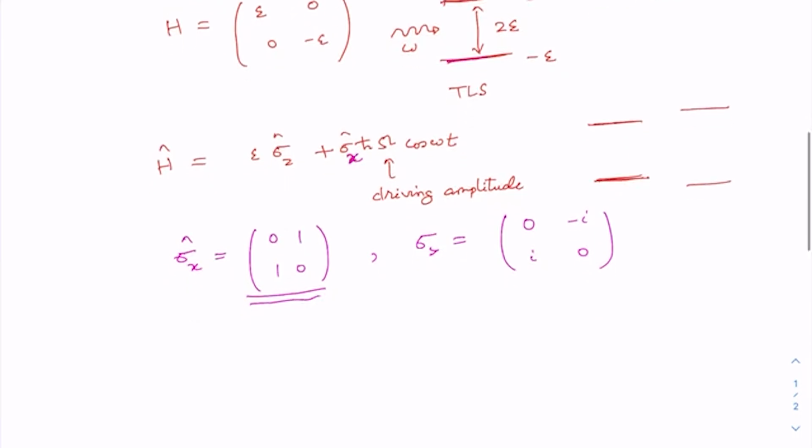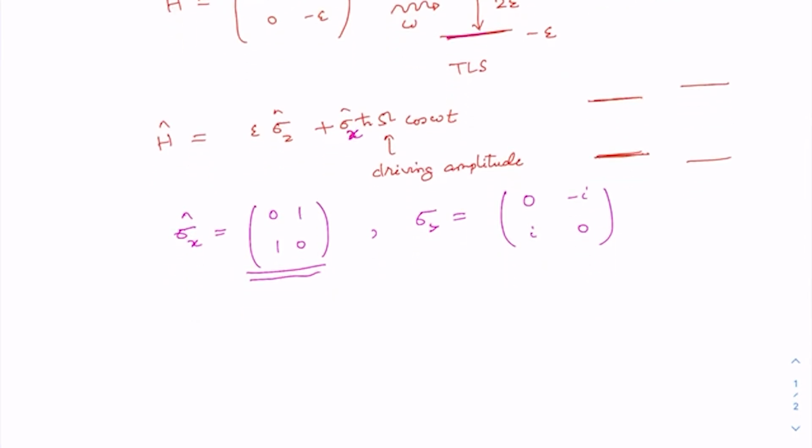For example, if I represent the ground state by 1 0, and I apply this Pauli matrix sigma x, we immediately get that it becomes simply 0 1.